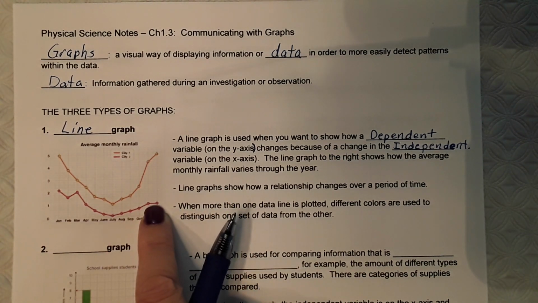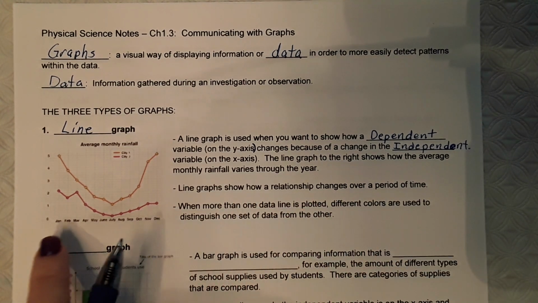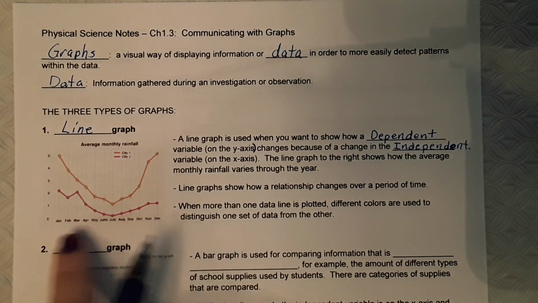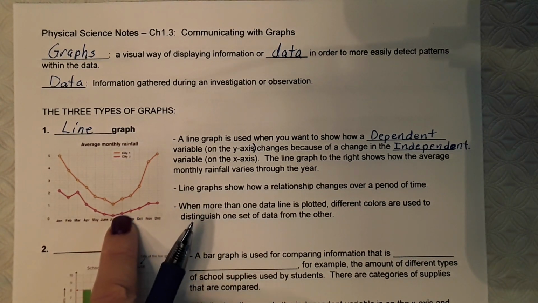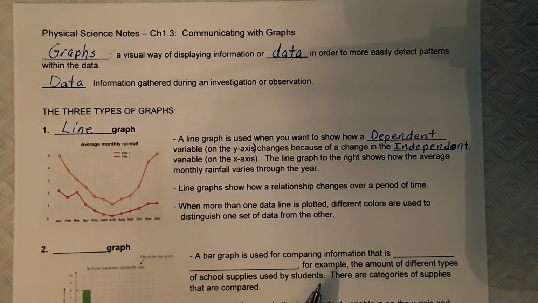Now, notice, line graphs show how a relationship changes over a period of time, in this case, a full year by months. January, February, all the way to November and December. And because you're comparing two different cities, you have more than one data line plotted, and we use different colors to distinguish one set of data from the other.